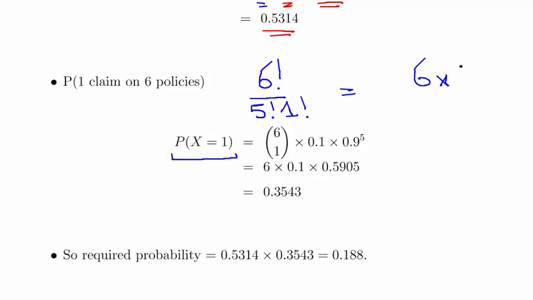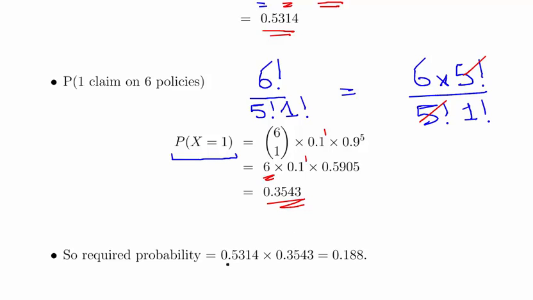We can express 6 factorial as 6 times 5 factorial, and the 5 factorials can cancel out. So we end up with just 6 there. 0.1 to the power of 1, times 0.9 to the power of 5, which is 0.9505.